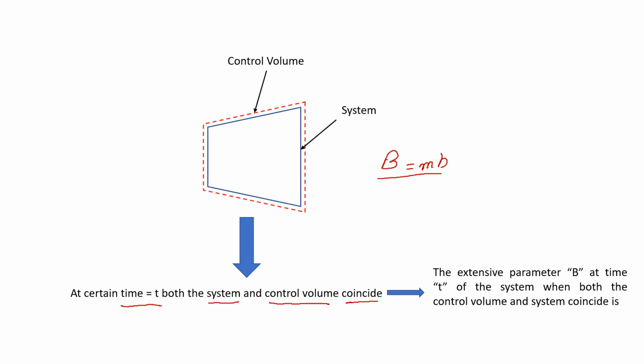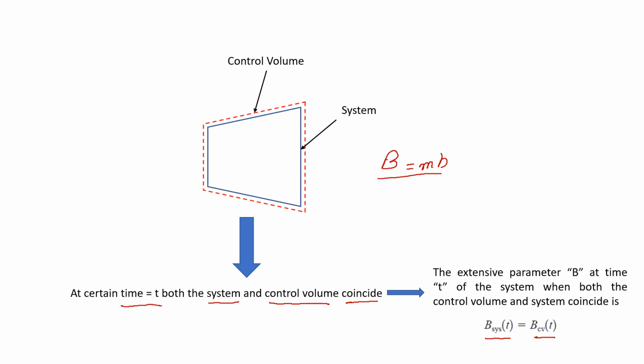The extensive property of the system will be the same as the extensive property of the control volume at a certain time t. Why? Because they are both coinciding. The fluid is inside the control volume, so the extensive property of the system will be the same as the extensive property within the control volume.